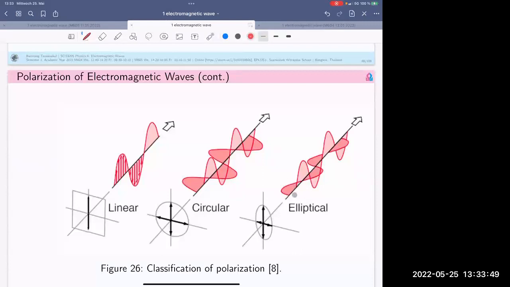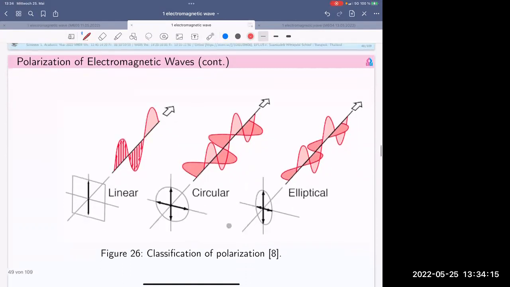Once the E field goes by, it's going to rotate with a right-hand rotation, and what you can observe by eye is the elliptical shape like this. These are the three types of polarization that you may have seen during this class.